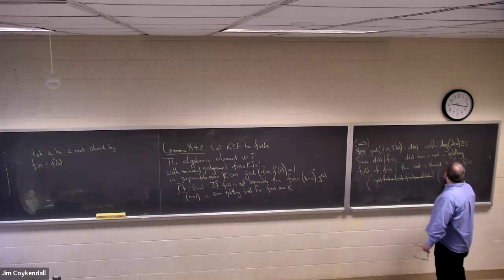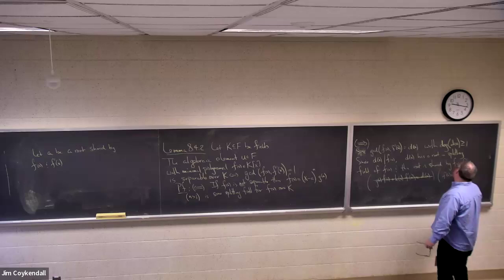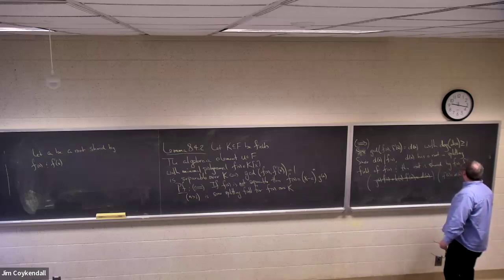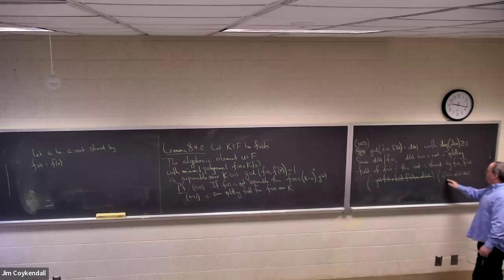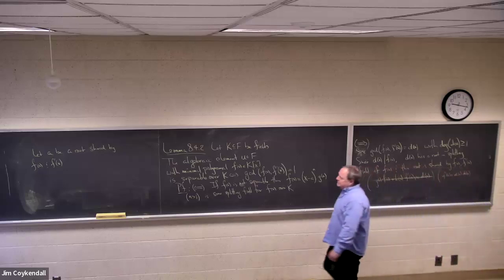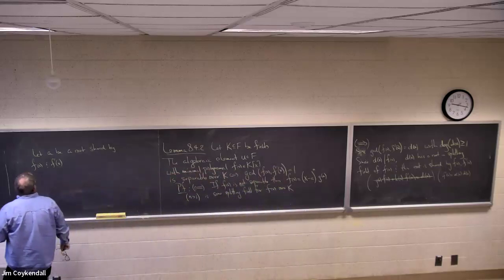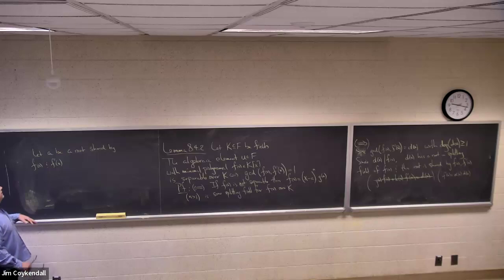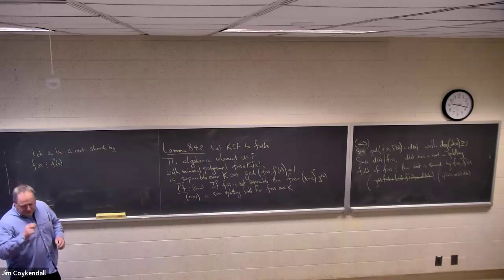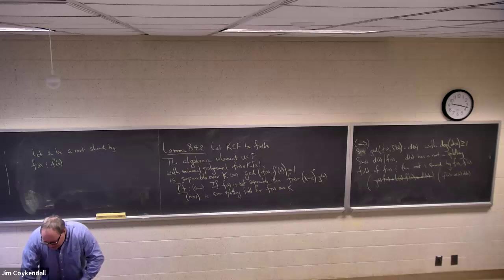So let me write that: f prime of x is alpha(x) d(x). So the root here has to be a root here as well. Okay, back on track. So let a be a root that is shared by both f and f prime, and let's assume that f is separable.